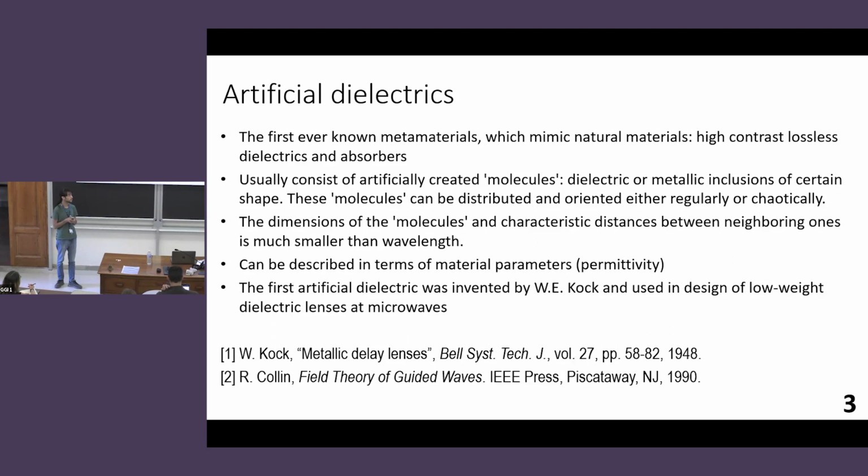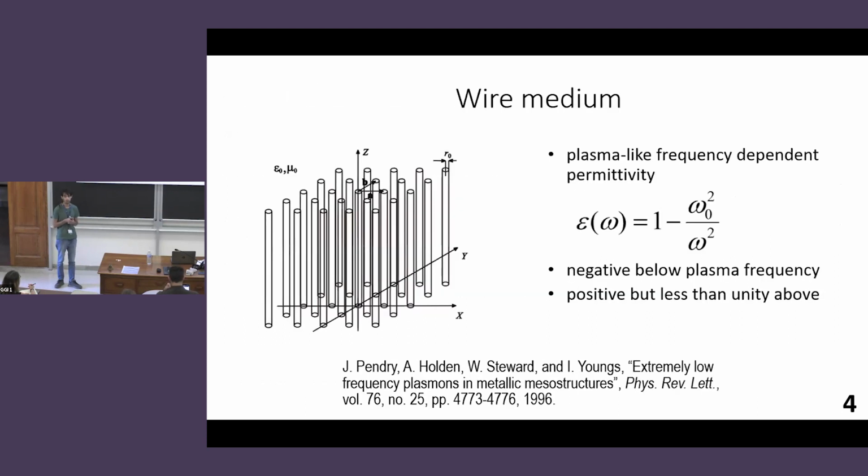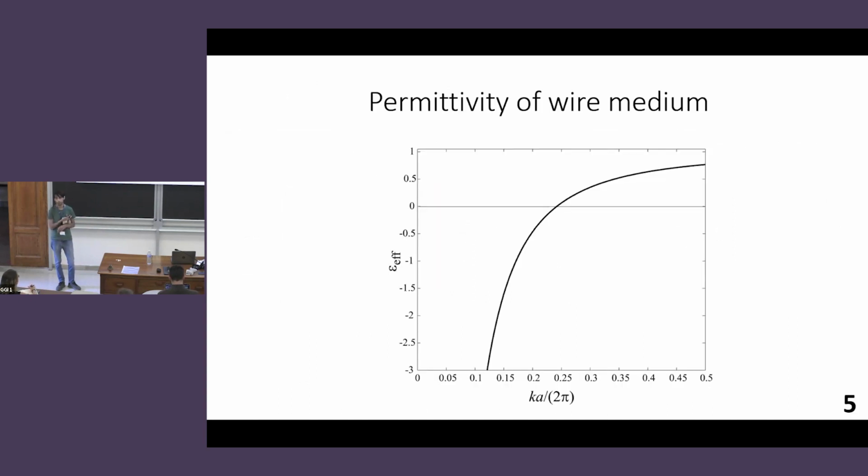The interesting point about wire metamaterials is that they have a behavior that is very close to plasma. So they have this plasma frequency, which gives the permittivity a dependence similar to that of metals, for instance, where below this plasma frequency the permittivity is negative, and above the plasma frequency it starts to slowly approach unity, like this.